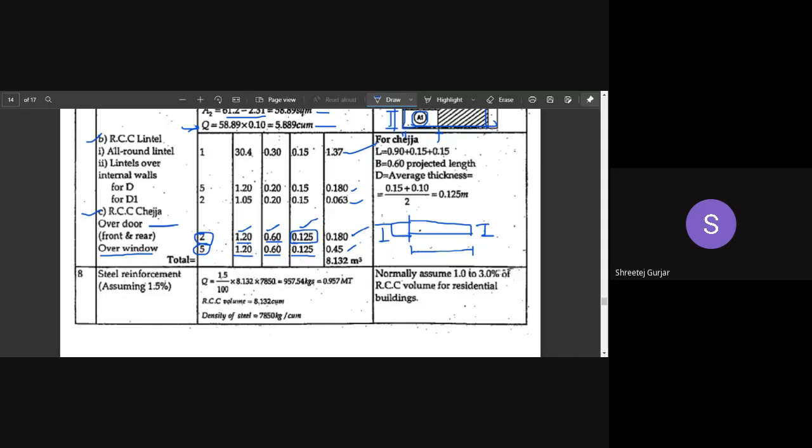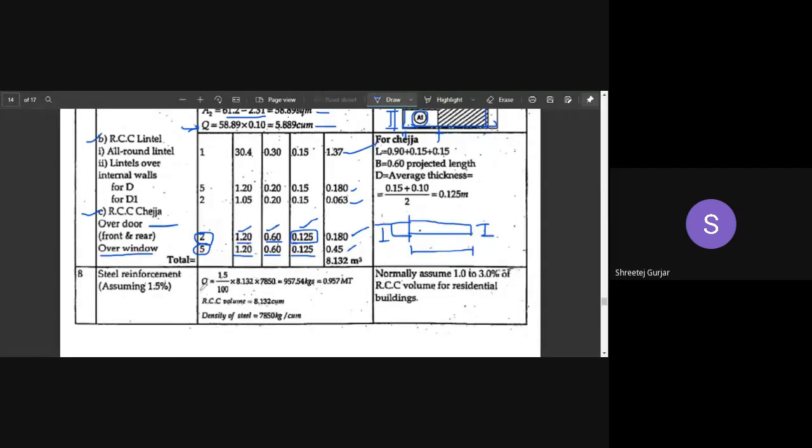Steel reinforcement is assumed to be 1.5% of your RCC work. Normally, for a residential building we can assume 1% to 3% of RCC volume. So we will assume 1.5.